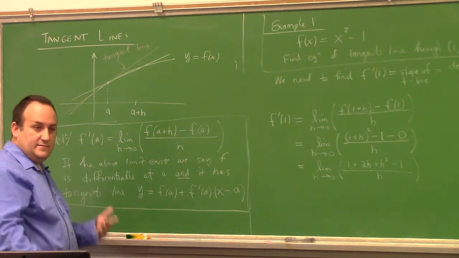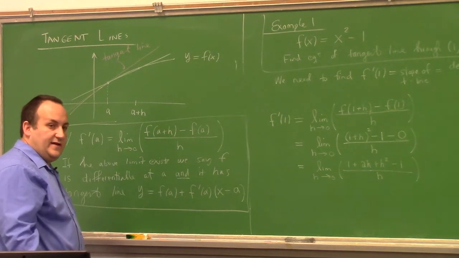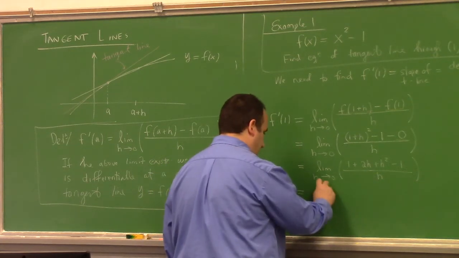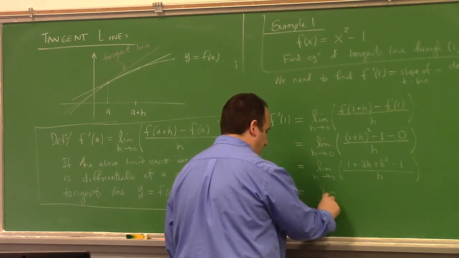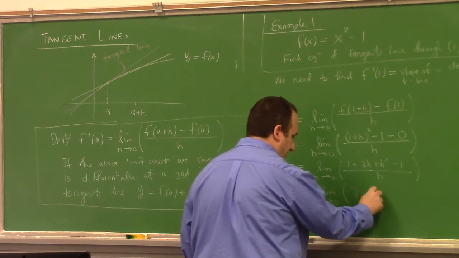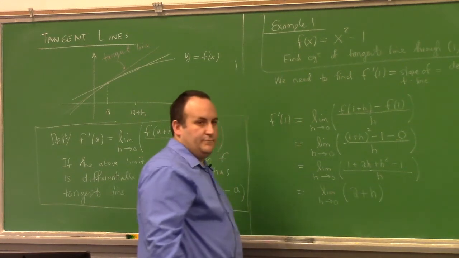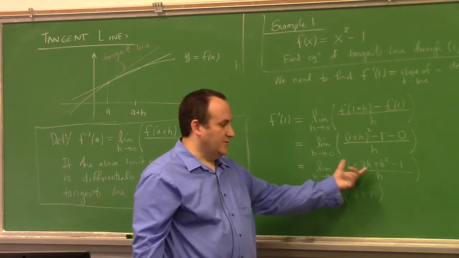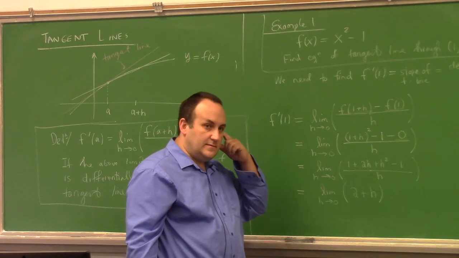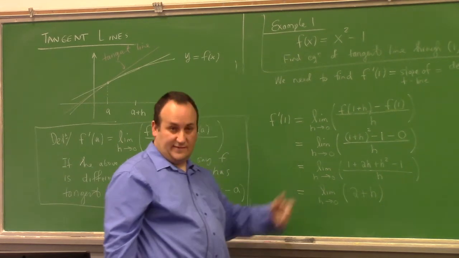Now the 1's cancel, and we could factor an h out of the numerator, right? I'm almost at a chalkboard here, so I'm going to just go ahead and say that that's 2 plus h, right? So the 1's cancel, and we can factor h out, and then h cancels with h. Indeed, that equals 2.